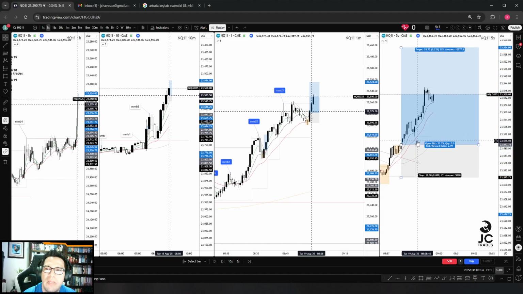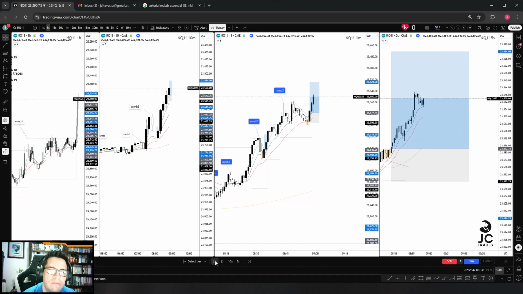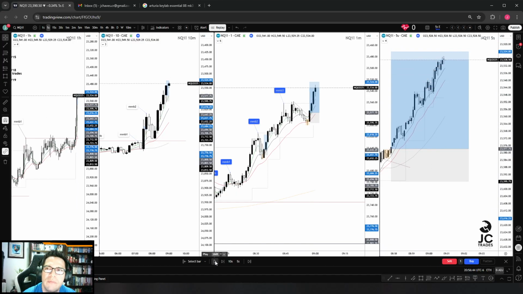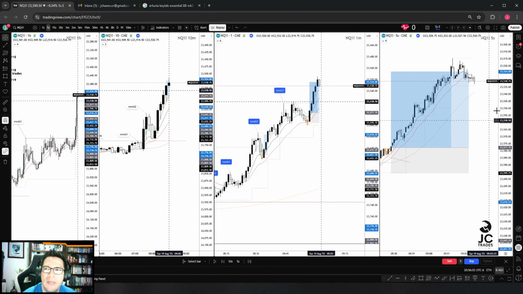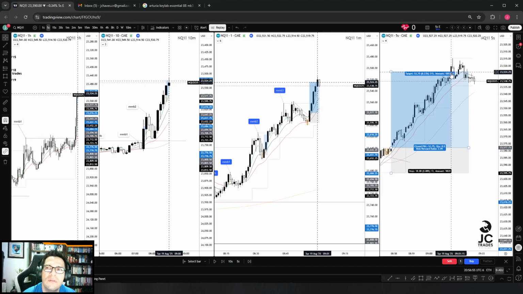Trade would have been placed at break even on this candle close, and from there price moved, stopped, yeah, right into the full TP.